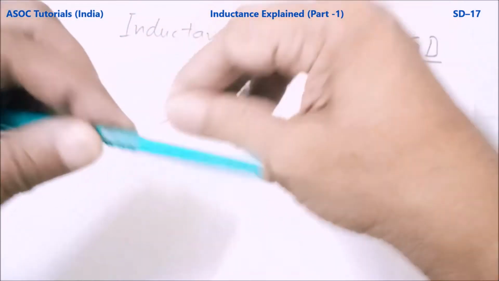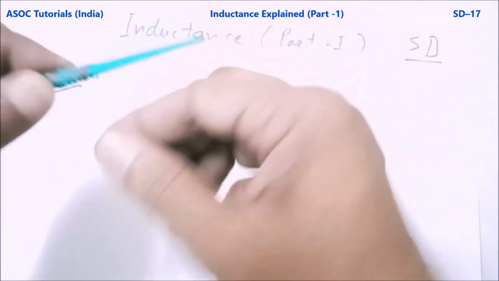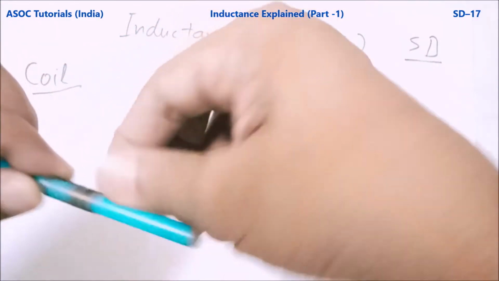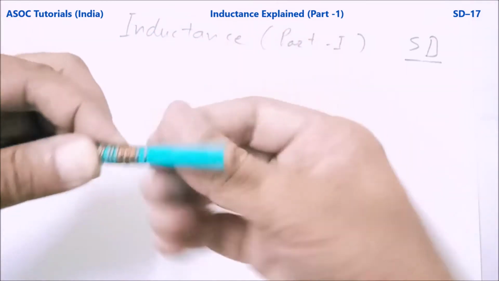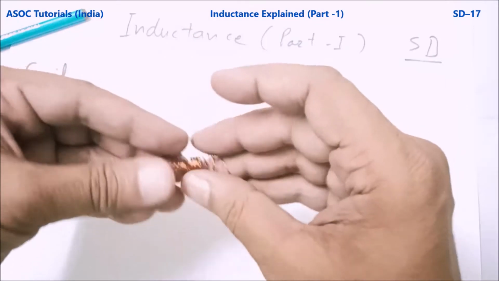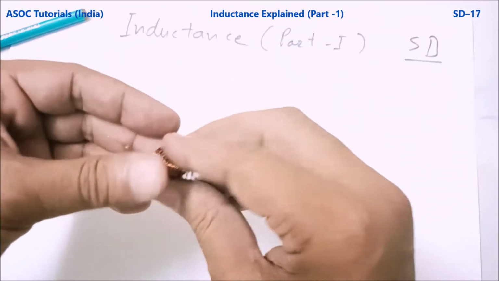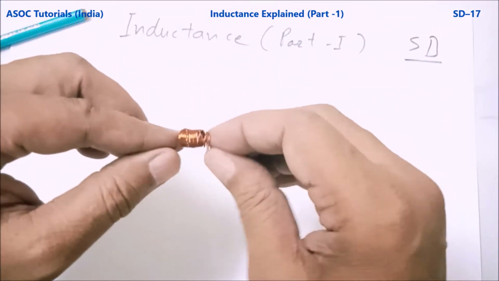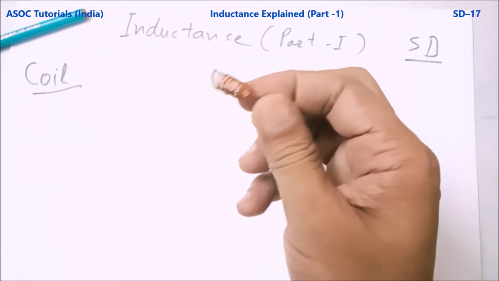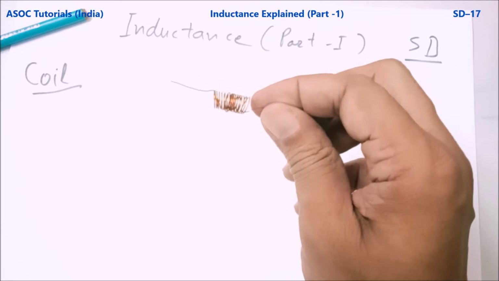You can see I am showing you an example. This coil can be circular, cylindrical, spiral or any type, and it is also called a choke. So this is an example of a coil. Nothing is inside, so this is air core type, which I will explain later.